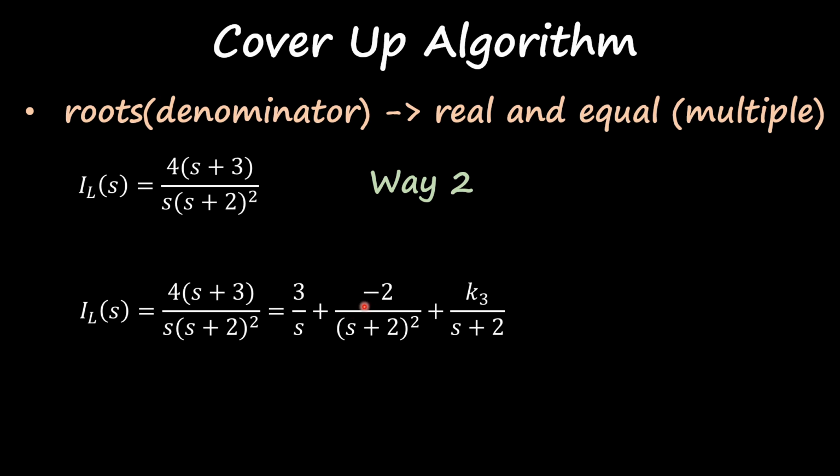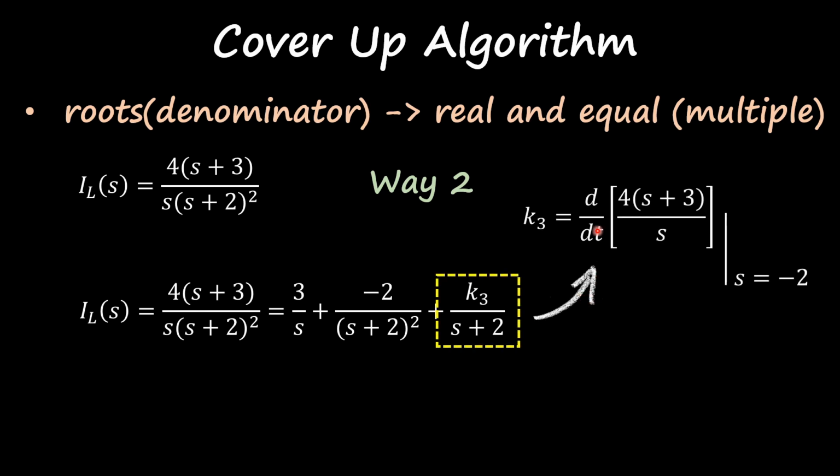Then for k3, we apply the derivative to our original function, this 4 times s plus 3 over s, and after applying the derivative, we substitute s by our pole, which is s equals minus 2.